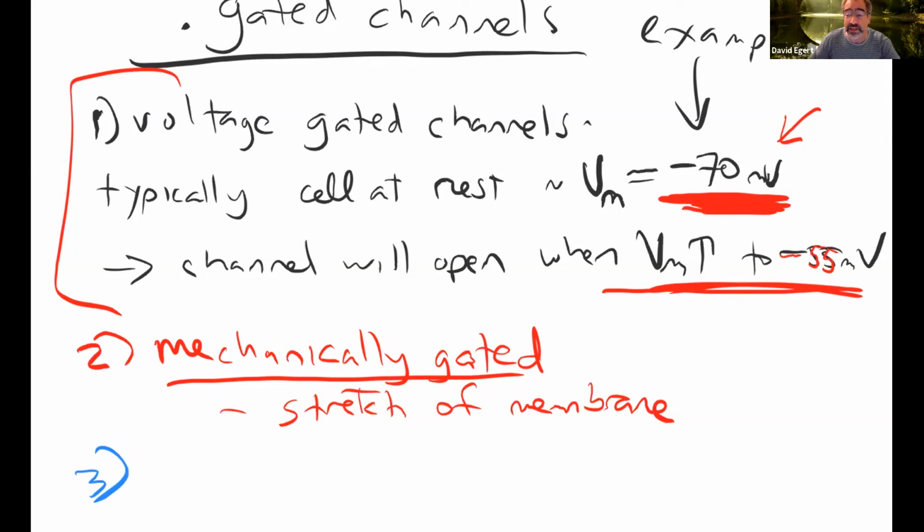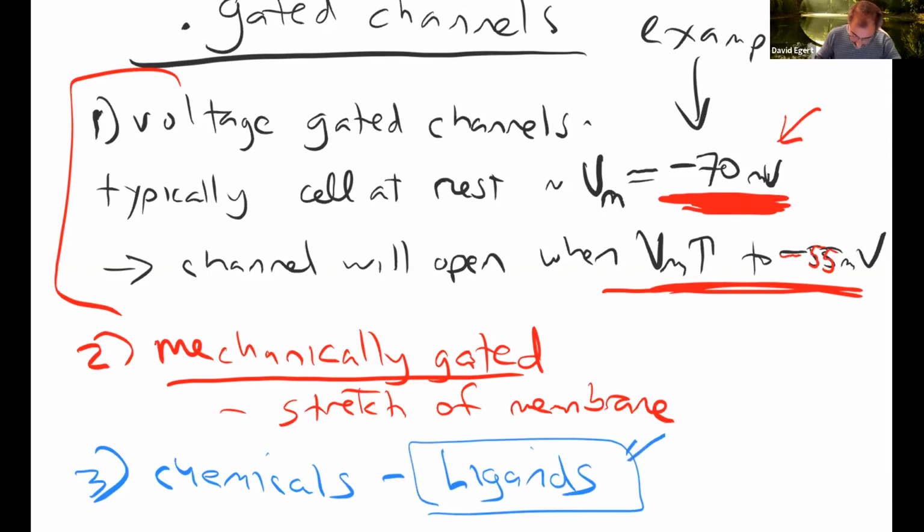I'm not going to write it down here because it's such a different kind of thing. So chemicals, let's say chemicals. We call them ligands. So this word ligand is going to be important. Ligand is just the word we use if there's some kind of signaling molecule that is creating some effect at the cell.